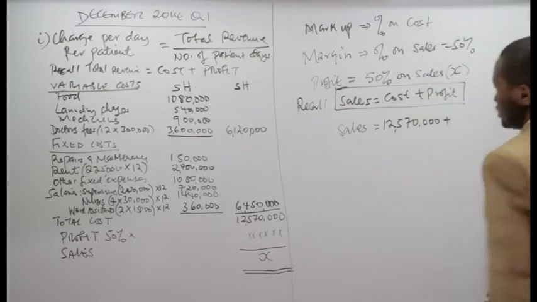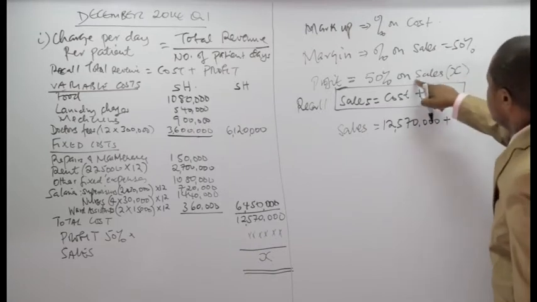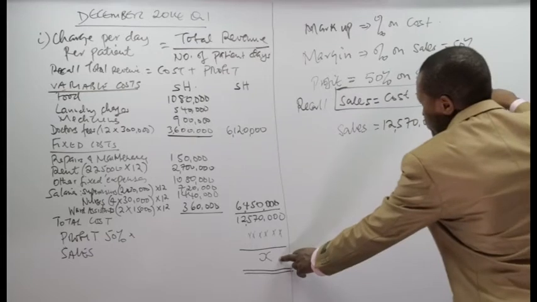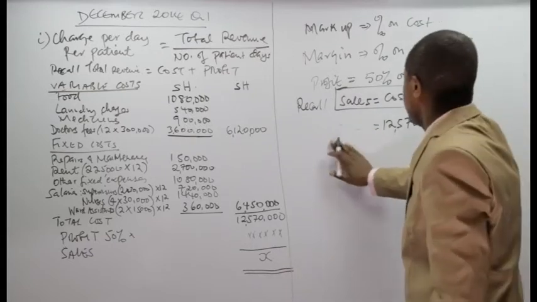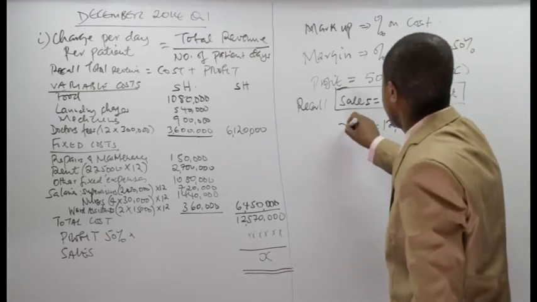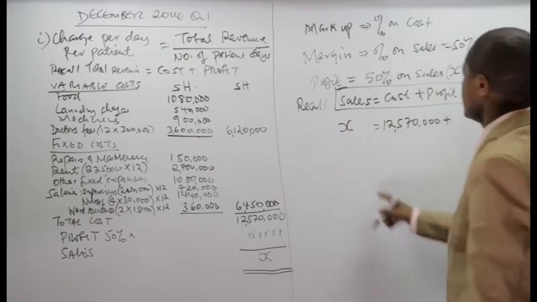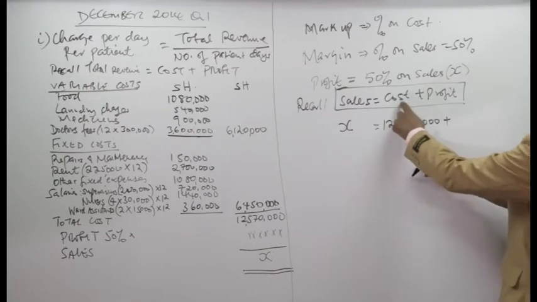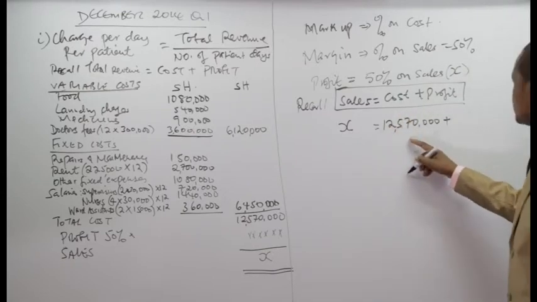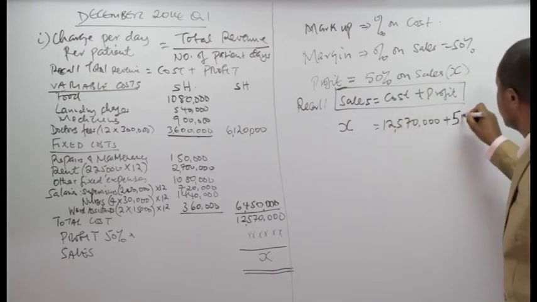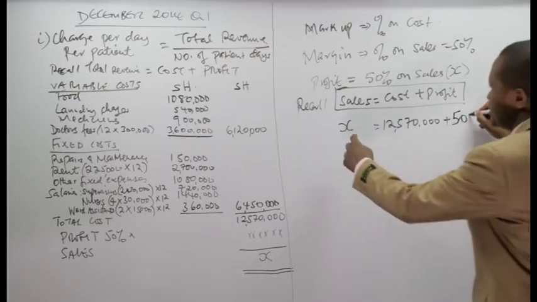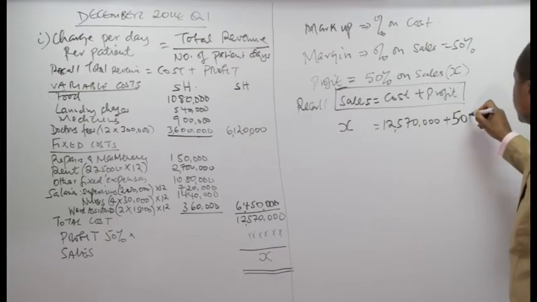Our sales is unknown, and we said let our sales be X. So we substitute with X. Our sales, which is X, is equal to the cost plus the profit, which you are told is 50% of sales. Our sales is X, so we write 50% X.